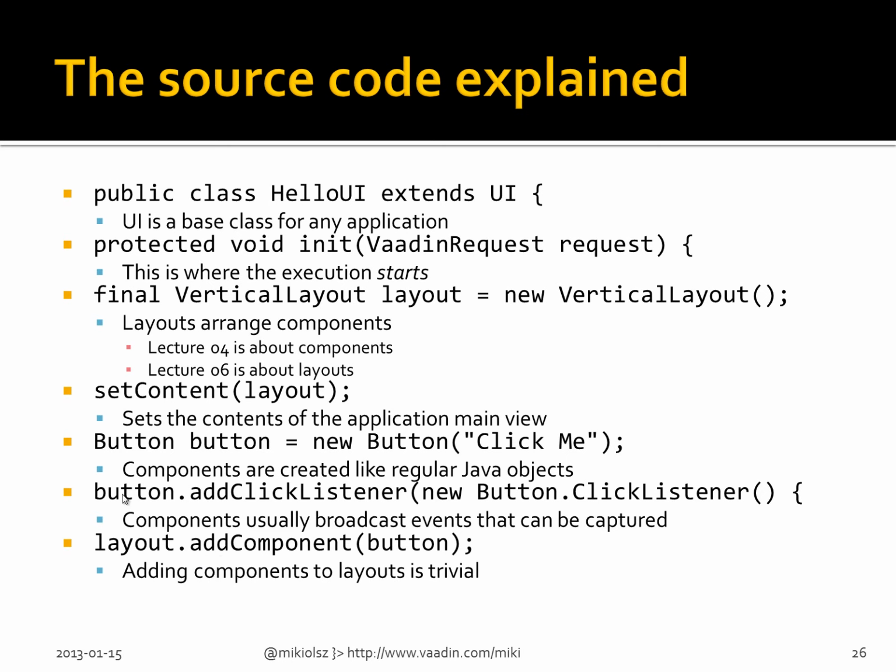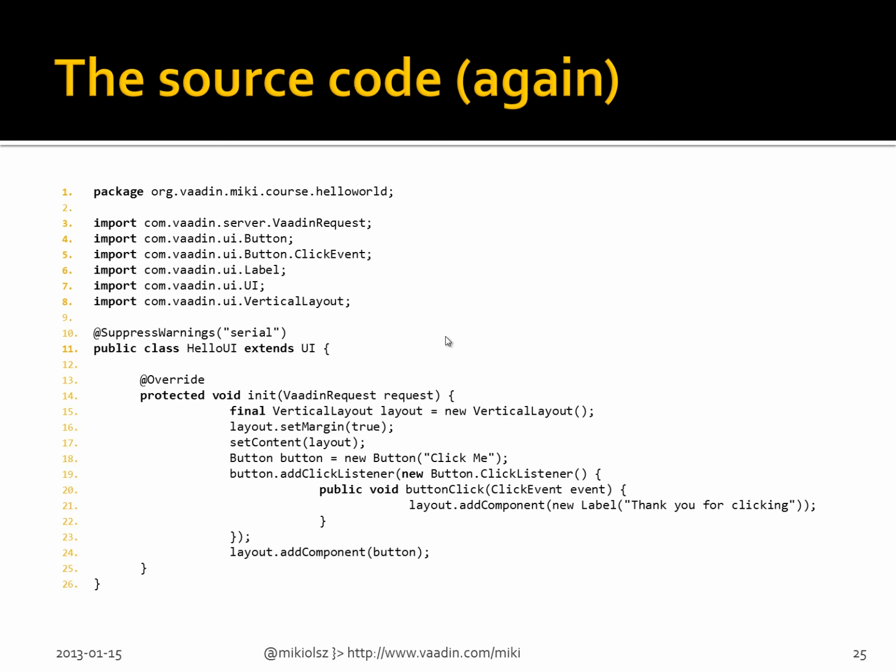And we have events and listeners as in a regular Java application. So those of you who have programmed anything with Swing or any Java framework, basically there are always events and listeners. So Vaadin works exactly the same way. You just add a click listener. If we take a look at the previous slide, you see that as the response to the click listener, we add a new label to the layout that says thank you for clicking.